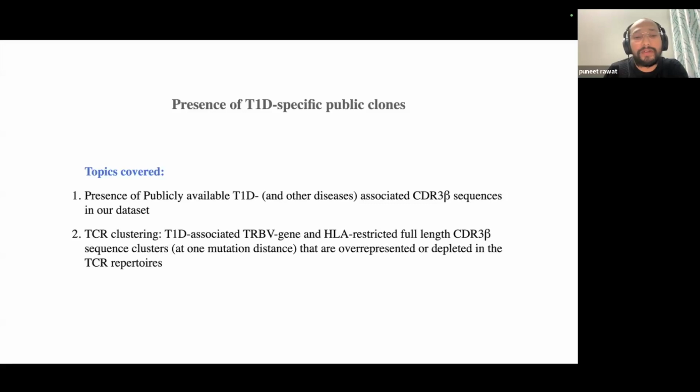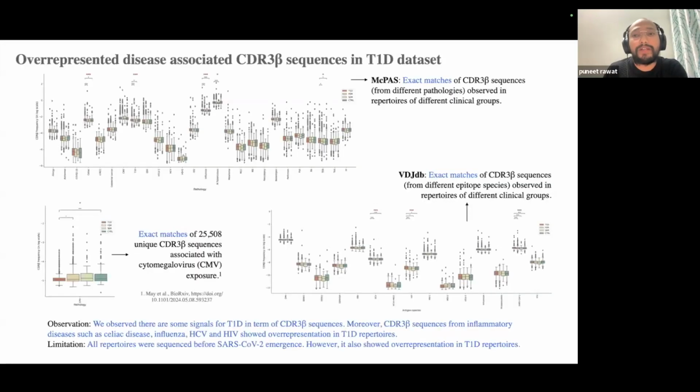The first one is that we looked into publicly available databases like McPAS and VDJdb. They already have curated sequences for different diseases, and we checked whether they are overrepresented in our cohort 1. For different clinical groups, we observed that there are certain diseases in which the CDR3 sequences are overrepresented in the T1D repertoires, and we also had some sequences from type 1 diabetes, which were also overrepresented in the T1D cohort.